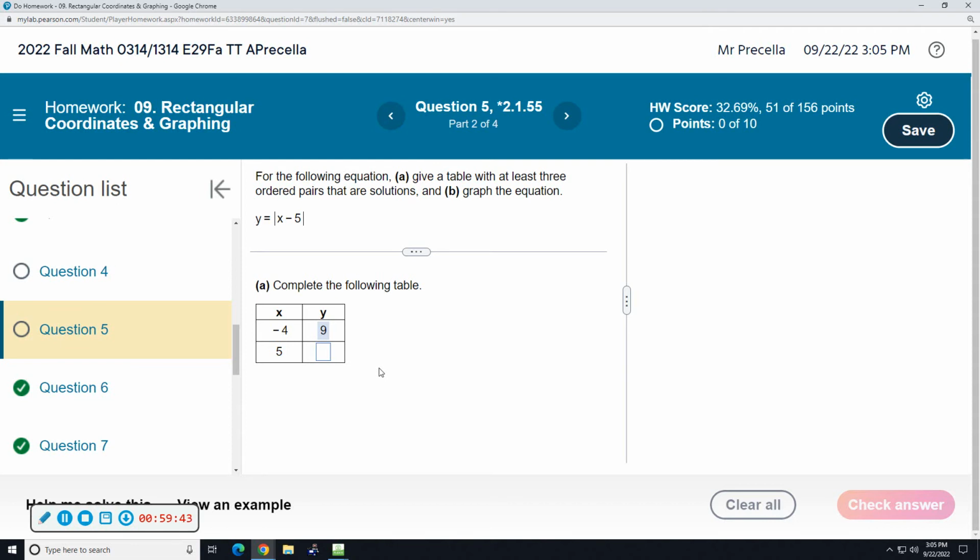So letting x equals 5, oh, this is easy. Y equals 5 minus 5, which is 0. The absolute value of 0 is 0. There's my second ordered pair. And that's going to be the vertex. That's going to be that sharp point.